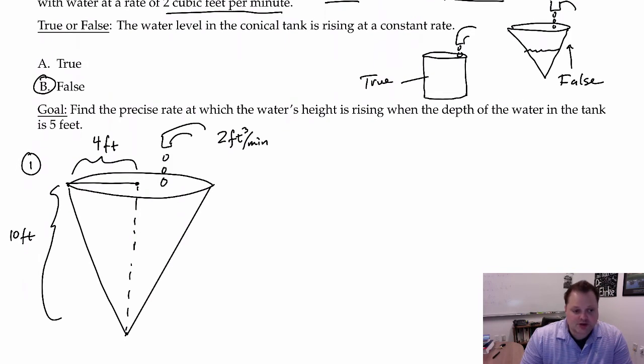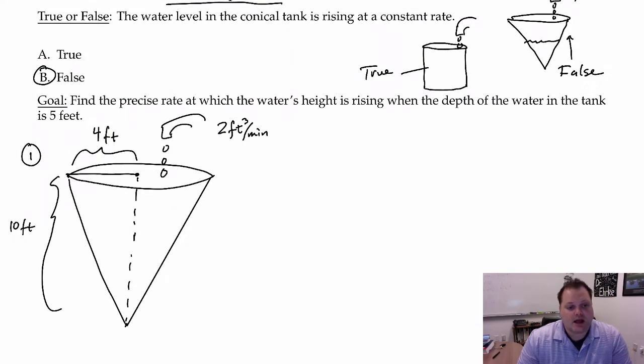And just to make sure that we have some variables to work with, and honestly this is the hardest part of the problem for most students, is just imagining what these variables are. There are 3 variables involved in this problem. You've got the volume of the tank, and it's related to the radius. So I can think of this as R, the radius changes over time, and the height also changes over time.